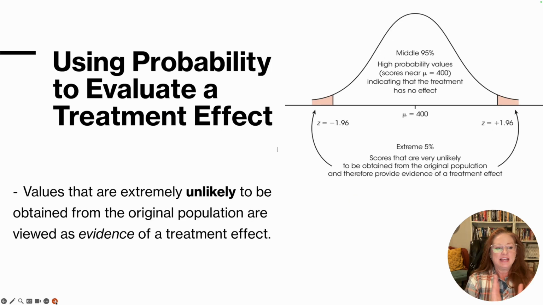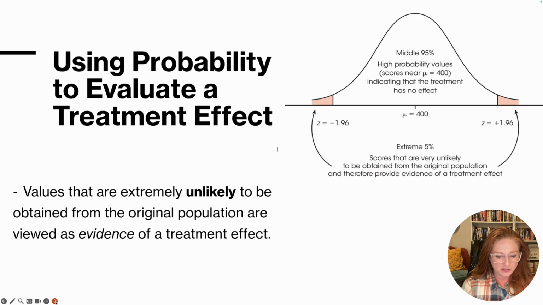Any values that are extremely unlikely to be obtained just from the original population are viewed as evidence of the treatment effect. If it falls in the middle range, we're not going to treat it as anything special, or as evidence of treatment effect.